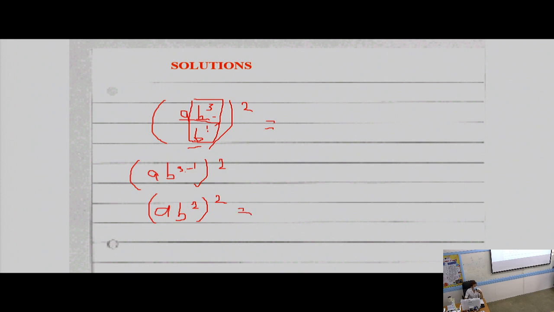And so the answer is a to the power of 2, b to the power of 4. Okay? If there is an exponential number that you can simplify, simplify it first before you solve the given exponential number.